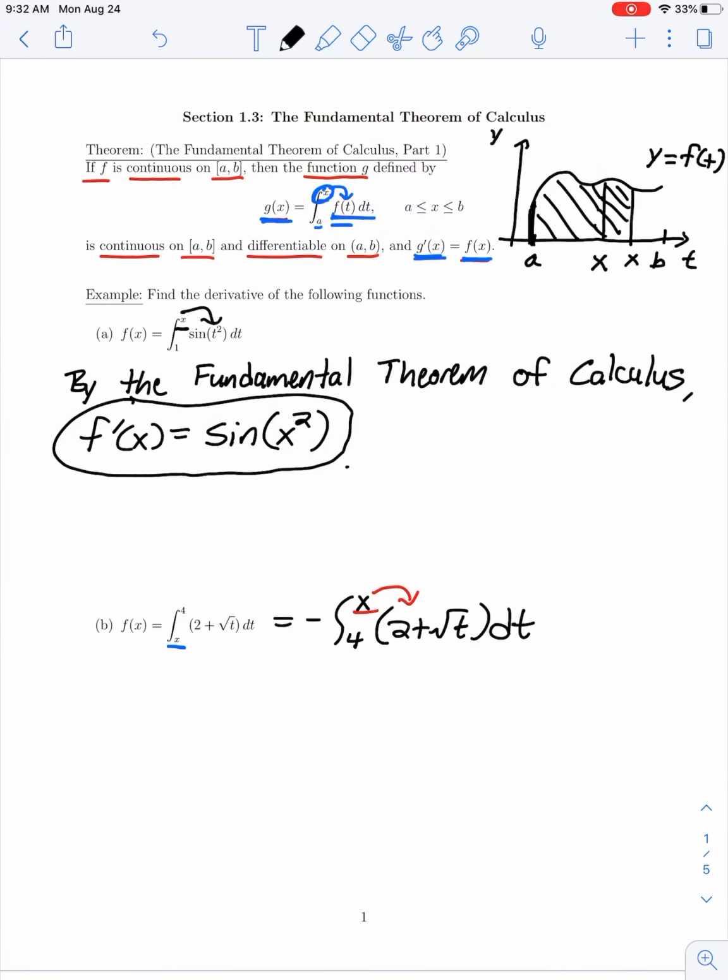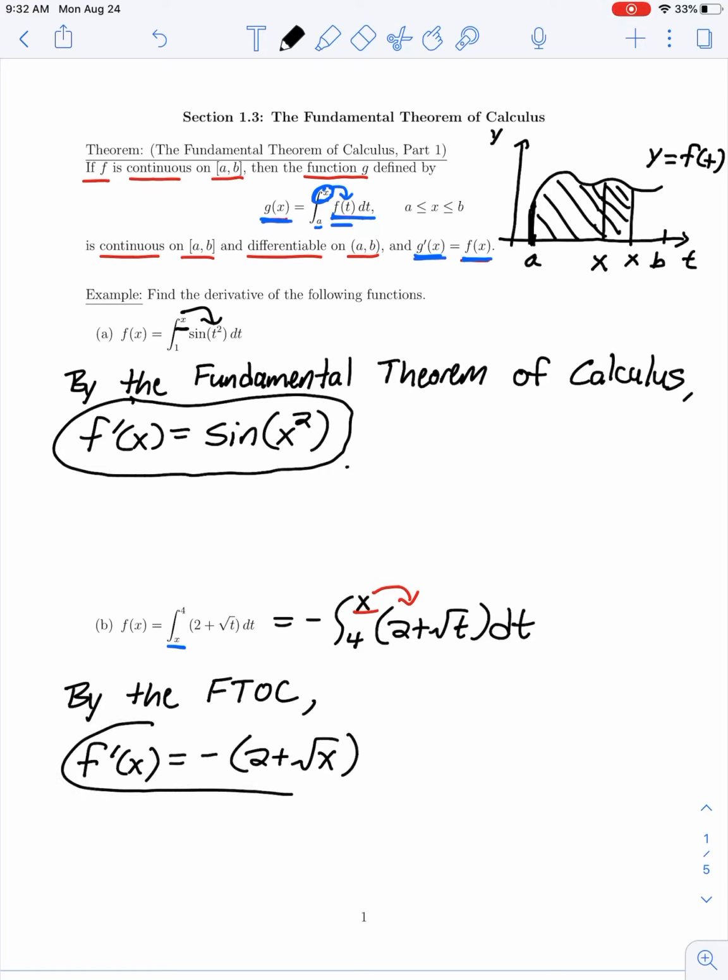So let's say by the fundamental theorem of calculus, which we might prefer to abbreviate as FTOC, the derivative of this integral defined function, f prime of x, will be the negative of 2 plus the square root of x. So recall this, we can't forget the negative sign out in front that we needed when we reversed those limits of integration.